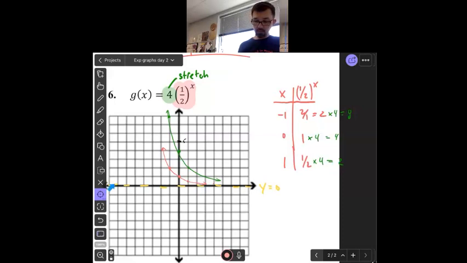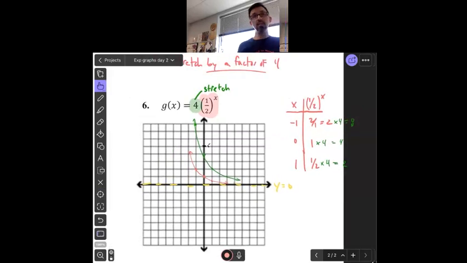Did we mess with our asymptote? No. Stretching will not change the asymptote. So you can go ahead and draw that in. Or I do want you guys to draw that in, or at least label it. Stretching or compressing will not mess with the asymptote. That just pulls the things away from the axis, doesn't change where that level is.